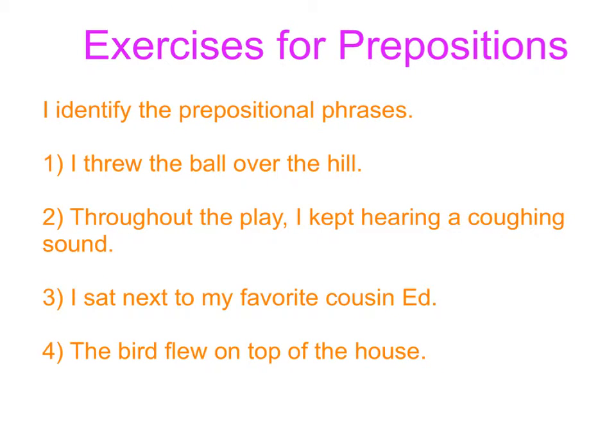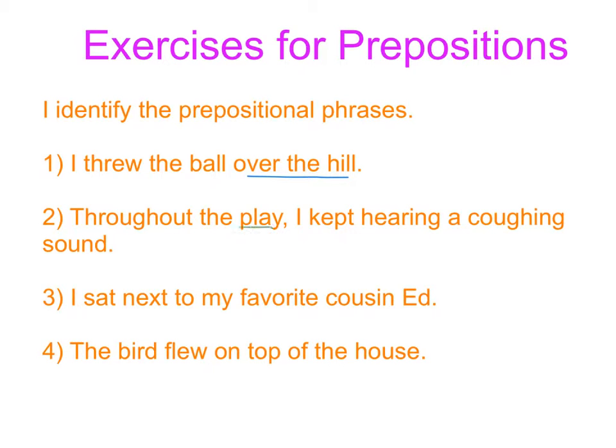Exercises for prepositions. In this exercise, you will be identifying the prepositional phrase in each sentence. Number 1. I threw the ball over the hill. If you said over the hill, that is the correct prepositional phrase. Number 2. Throughout the play, I kept hearing a coughing sound.